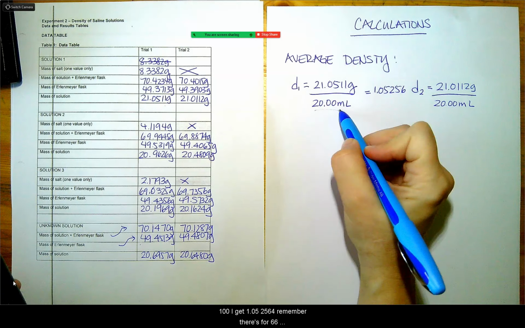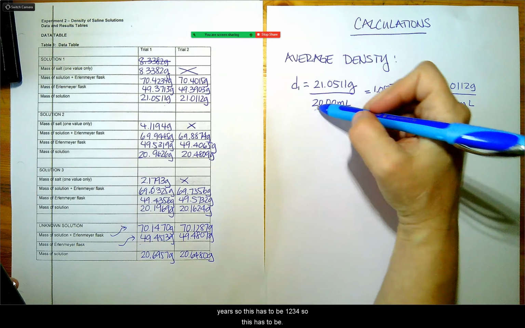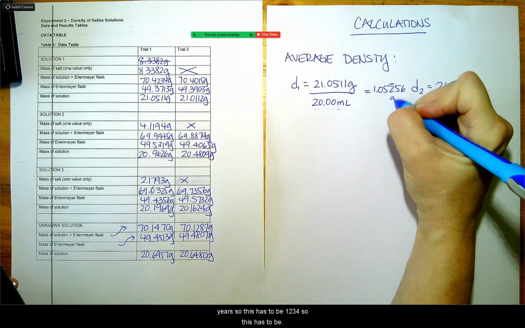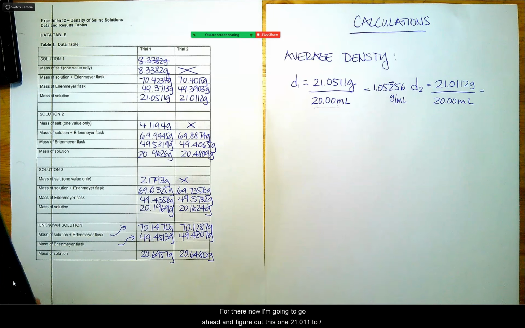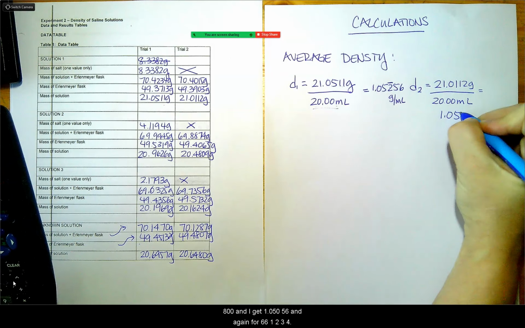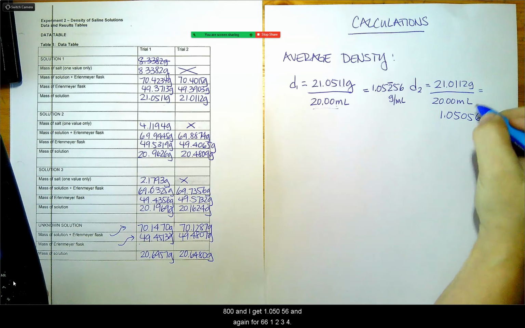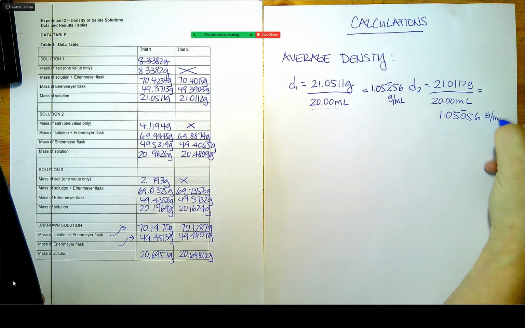But remember, there's 4 sig figs here, so this has to be 1, 2, 3, 4, right? So this is more than 4, this is 4, go with the lowest, so this has to be 4 there. Now I'm going to go ahead and figure out this one, 21.0112 divided by 20.00, and I get 1.05056, and again, 4 sig figs, 1, 2, 3, 4 grams per mil.